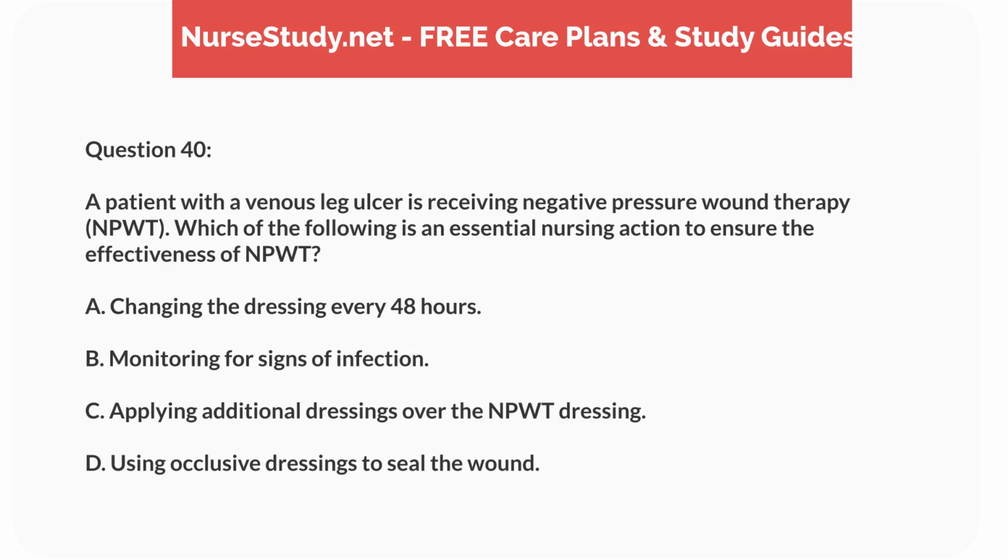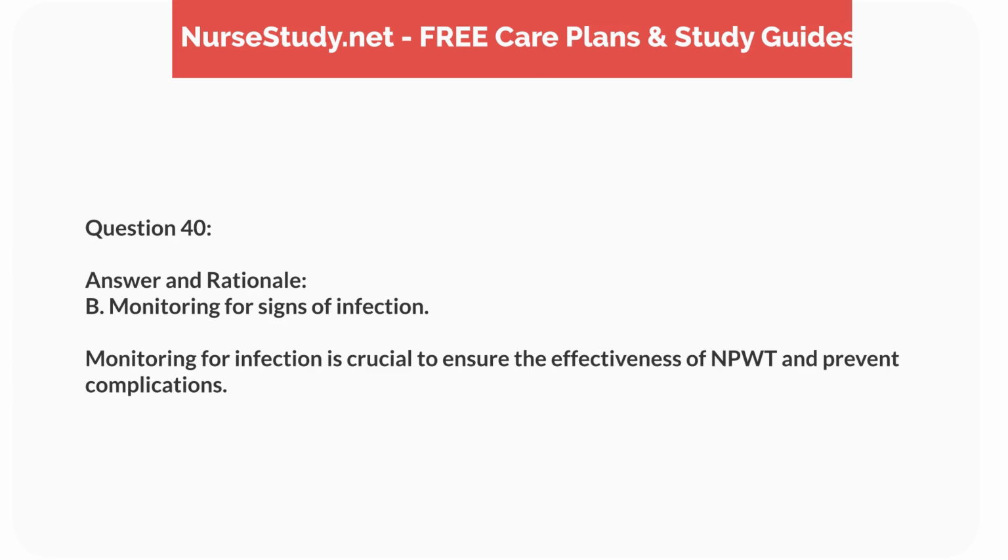C. Applying additional dressings over the NPWT dressing. D. Using occlusive dressings to seal the wound. Answer and rationale. B. Monitoring for signs of infection. Monitoring for infection is crucial to ensure the effectiveness of NPWT and prevent complications.